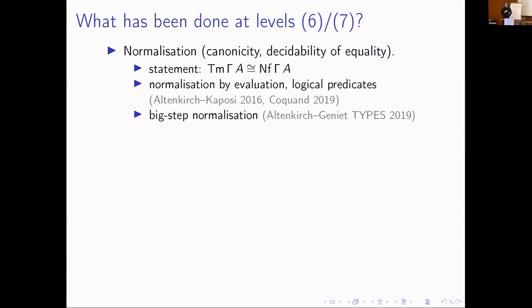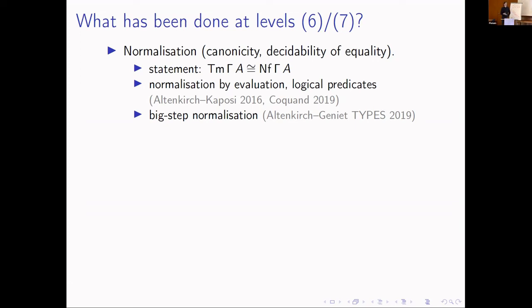And this can be done by the technique of normalization by evaluation, which was pioneered by Berger and Schwichtenberg. It can also be seen as a logical predicate proof, or using proof-relevant logical predicates to prove normalization. But also big step normalization can be done at this level.